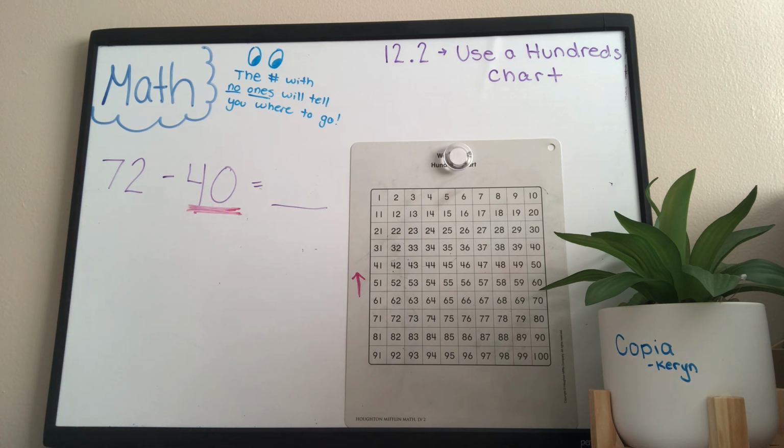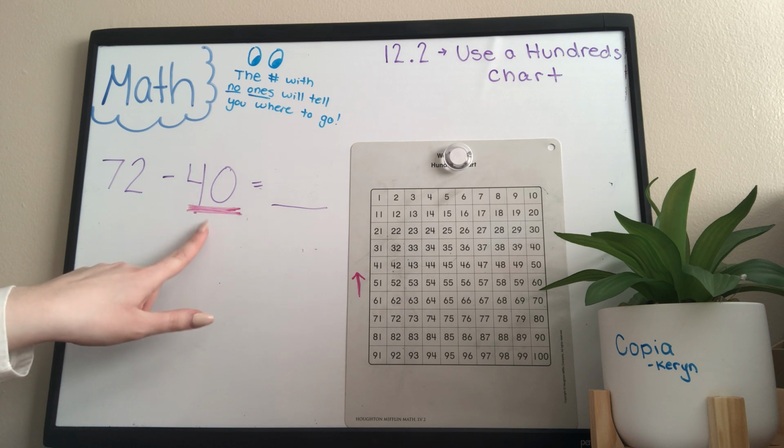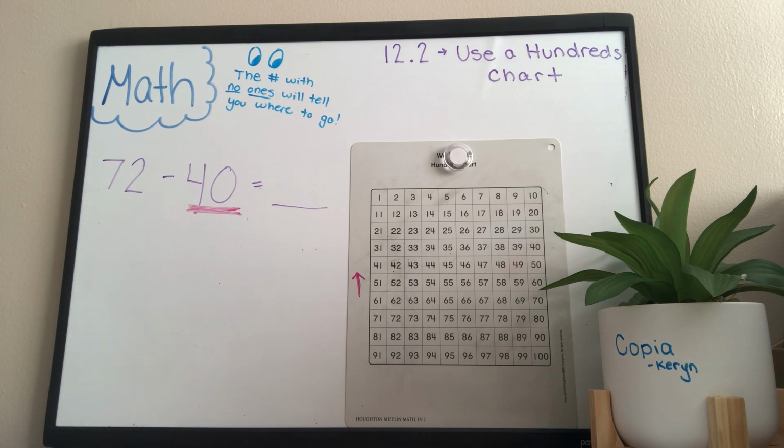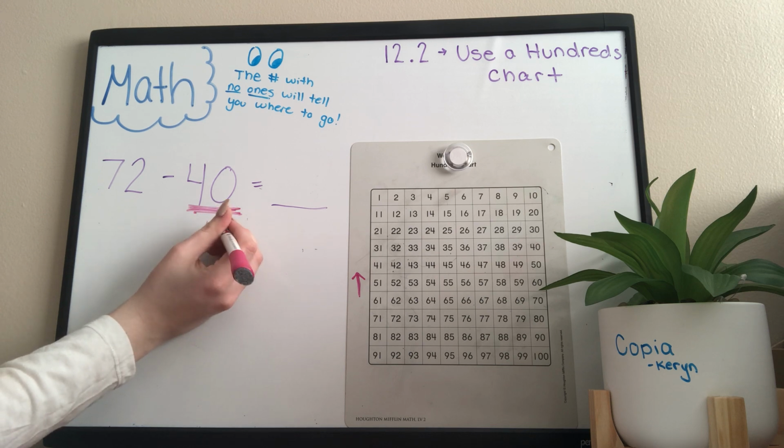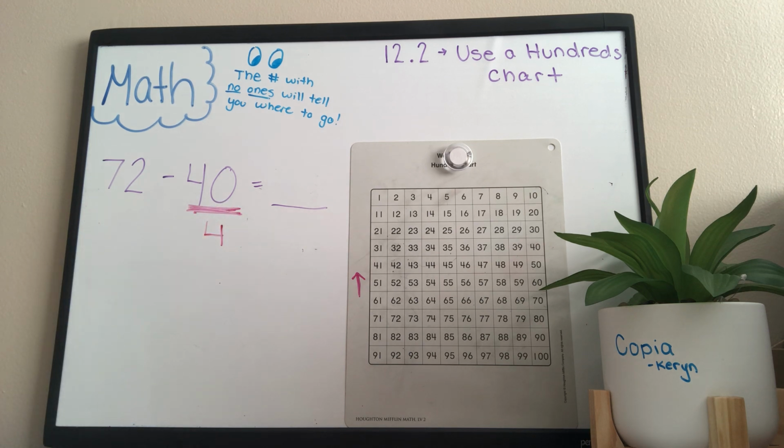The number in the tens place will tell us where to go, how many rows up we should be moving. What number is that in the number 40? What's in our tens place here? Absolutely right. There's a 4 there. So we know that we are going to have to move 4 rows up. So let's go ahead and find 72.